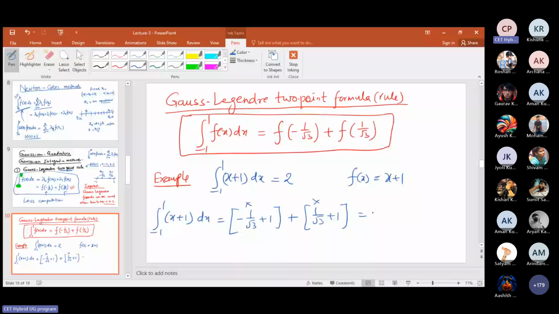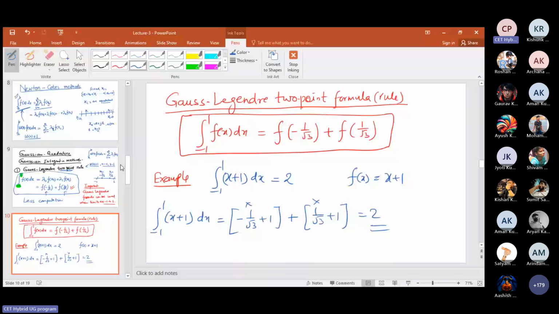Although you can very easily evaluate this integral, I just showed you that this rule is pretty useful and gives pretty accurate values, close to the actual integral values.